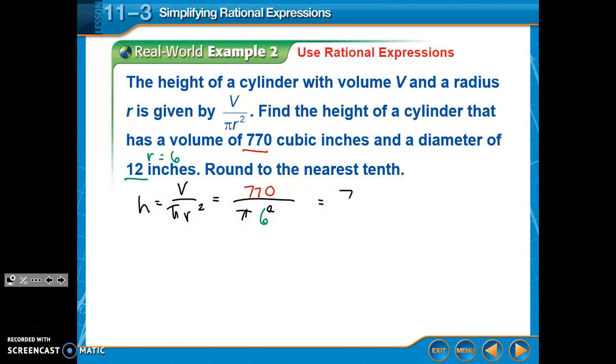So this is going to be 770 over 36 pi. And if you simplify that or put that in a calculator, you would get 6.808, and it says round to the nearest tenth. So rounding this to the nearest tenth is 1 decimal place. So it's just going to be 6.8 because that 0 keeps it at 8.